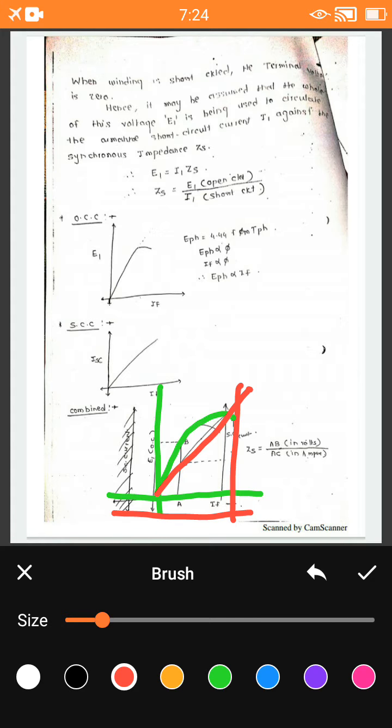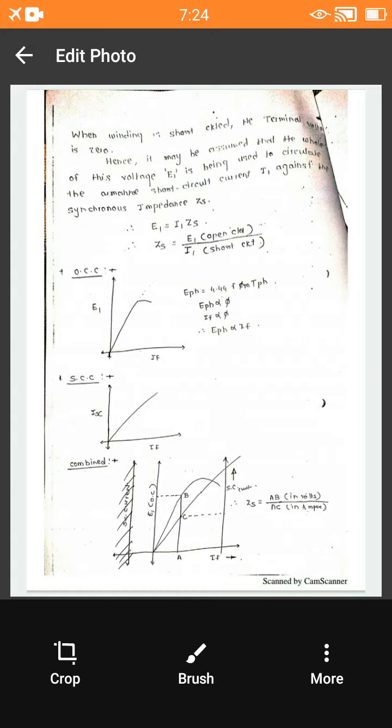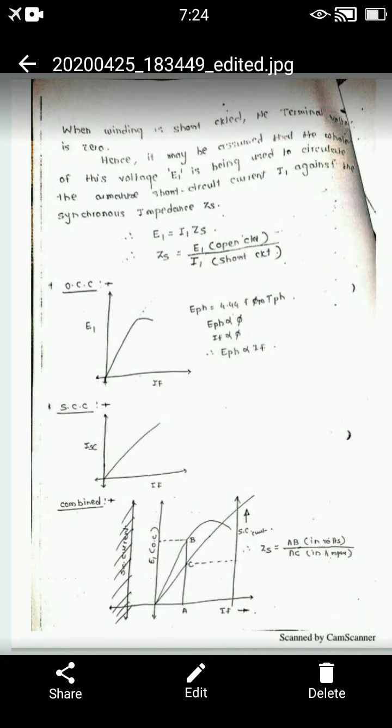This is the combined characteristics of OCC and SCC. From this, we can mark different points at a particular field current: the value of generated voltage E1 and the short circuit current.